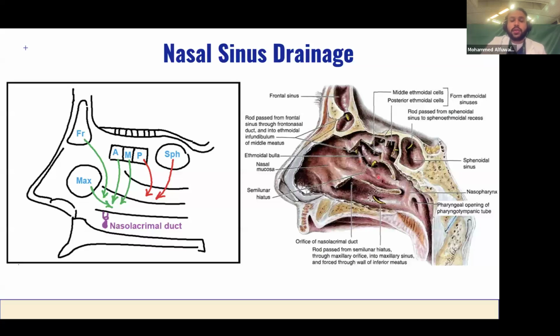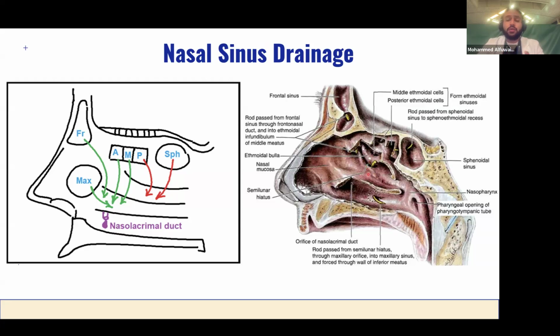What's important about this is if a patient has rhinitis. Rhinitis is inflammation of the nasal cavity, the turbinates. If the patient has rhinitis, easily what could happen is blockage of these ducts, okay? Blockage of the ostia and the meatus.